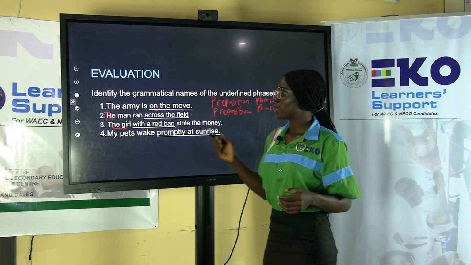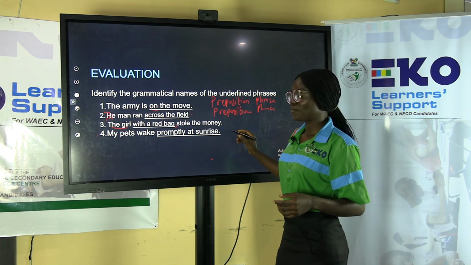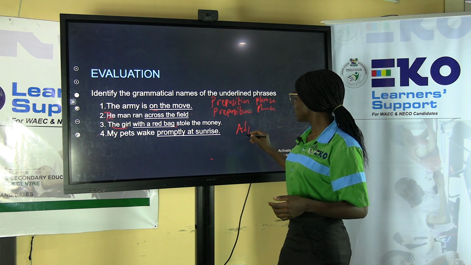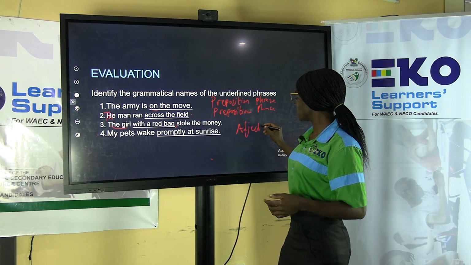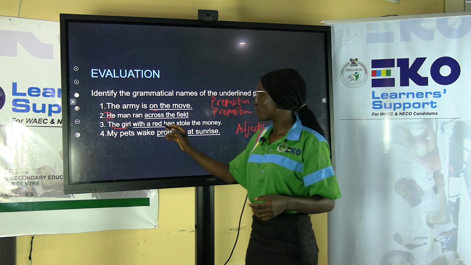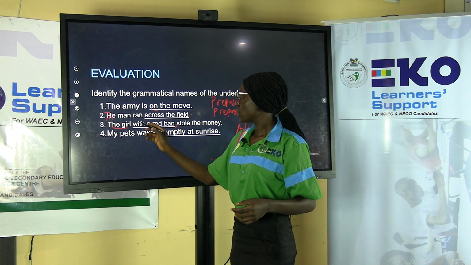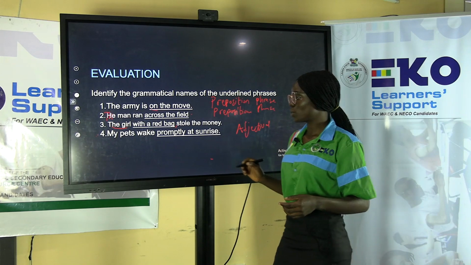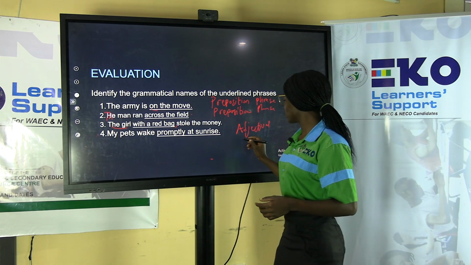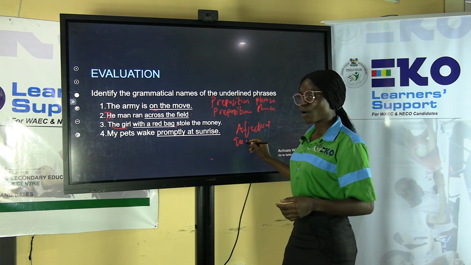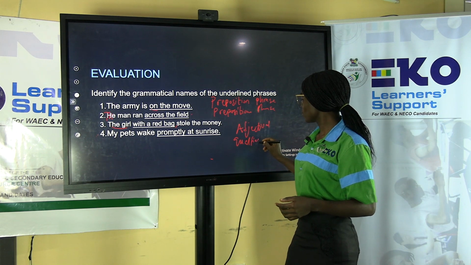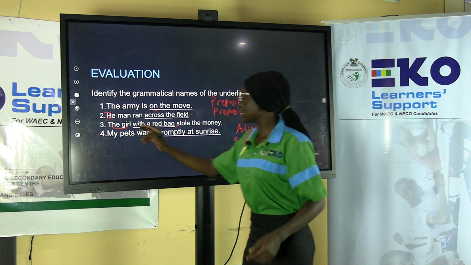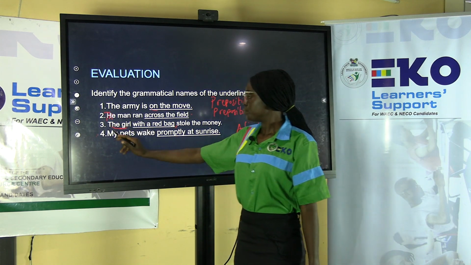And if it is qualifying that girl, that's a function of an adjective, right? So we can say this is an adjective phrase or adjectival phrase. So in other words, with a red bag is an adjectival phrase, and it qualifies the noun girl.